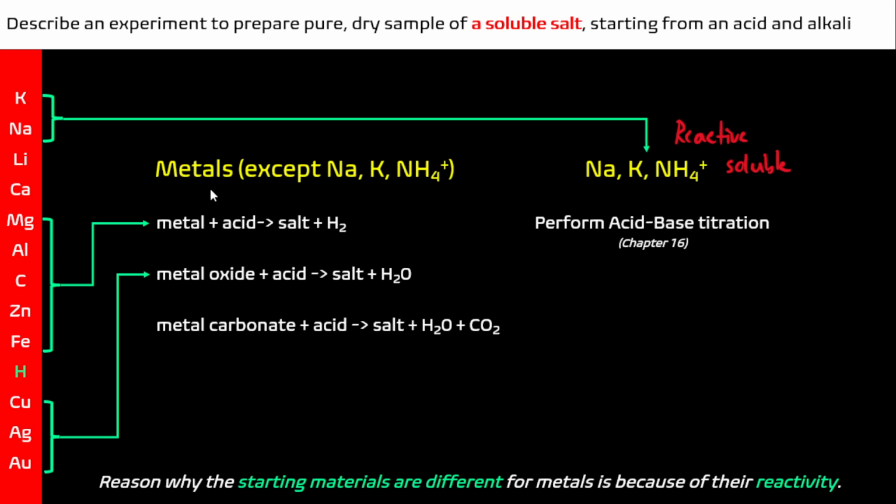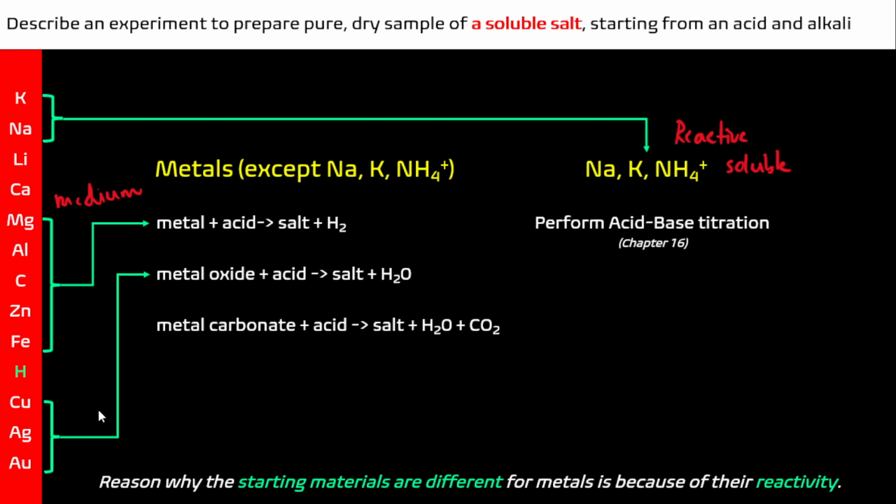For metals, except sodium, potassium, and ammonium ions, we can use these three equations to know what laboratory procedure we are going to use. If it is for the medium reactivity metals such as iron, zinc, aluminum, and magnesium, we can simply use metal plus acid reacts to give salt plus hydrogen.